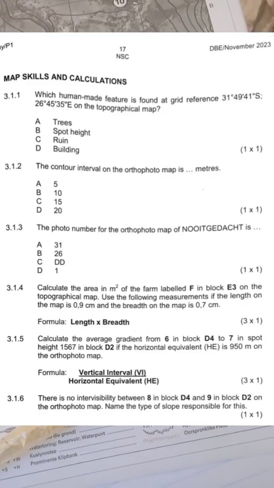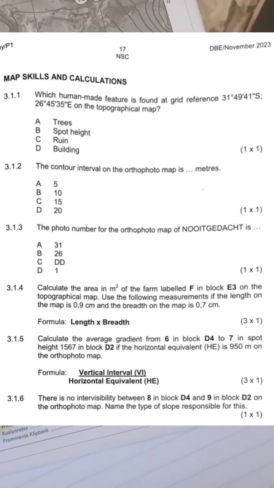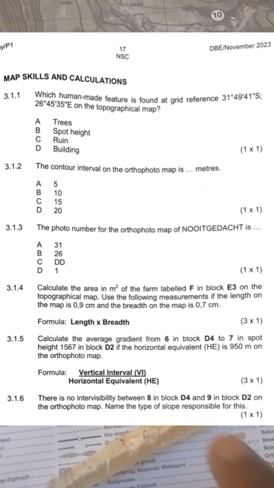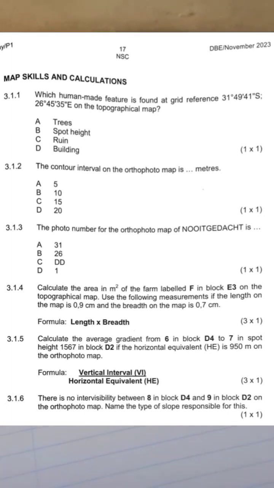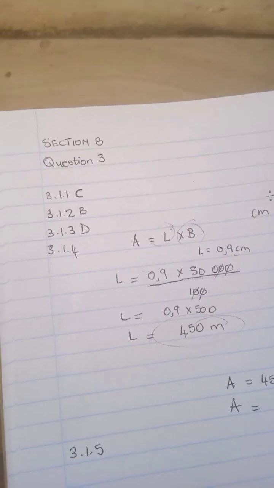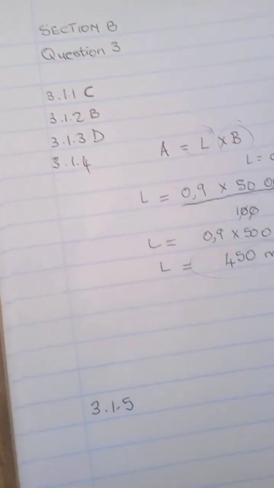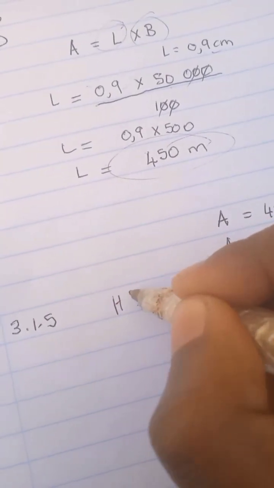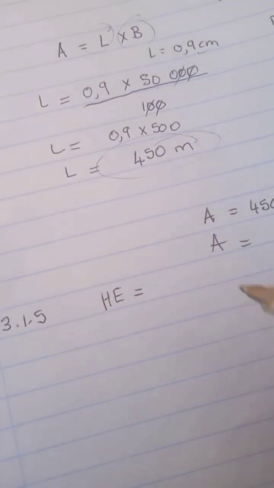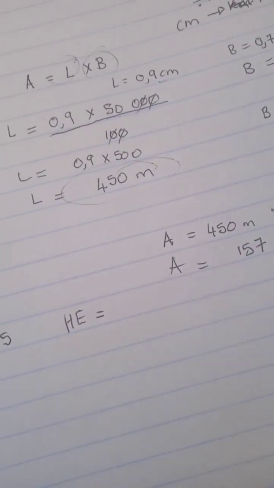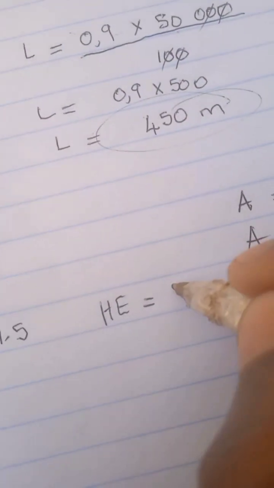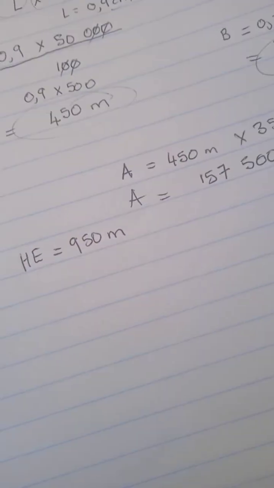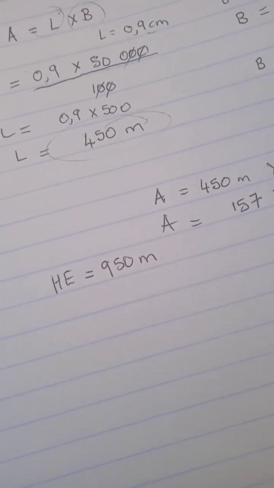In block D2, the horizontal equivalent is 950 meters on the orthophoto map. Remember, we are also given the formula there.